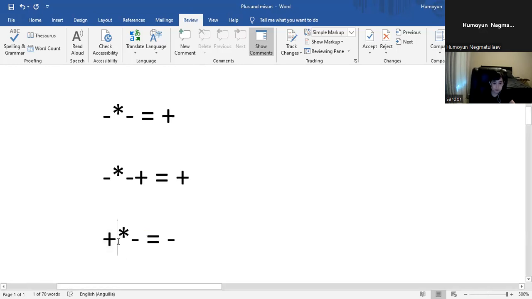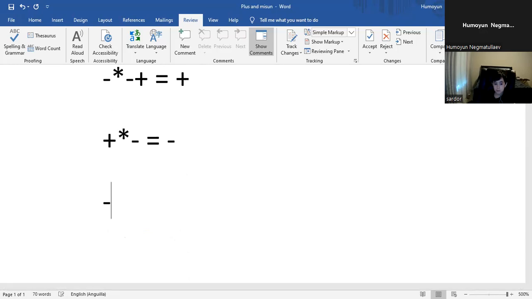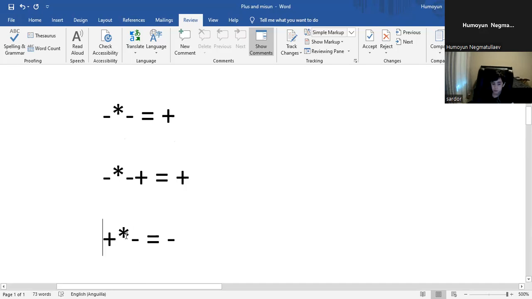But if you see the plus, and you have to multiply plus with minus, then the result is going to be minus. Like minus multiplied by minus multiplied by minus, we see minus. Why? Because 2 minuses give a plus, and then we have to multiply also by minus. Plus multiplied by minus, and the result is going to be minus.